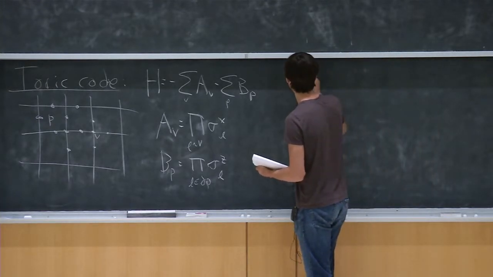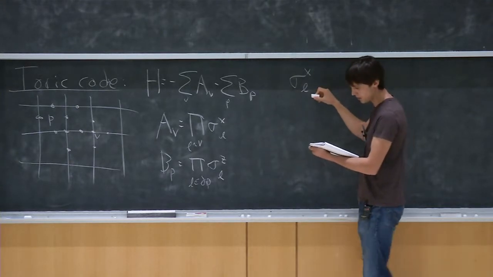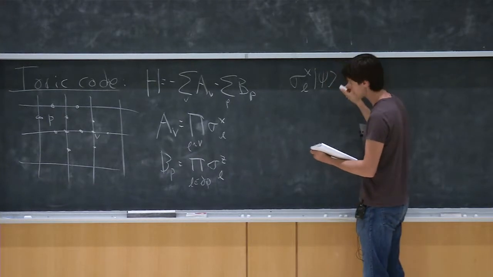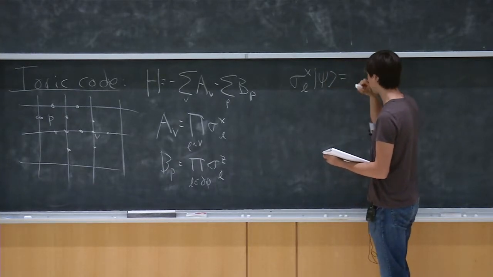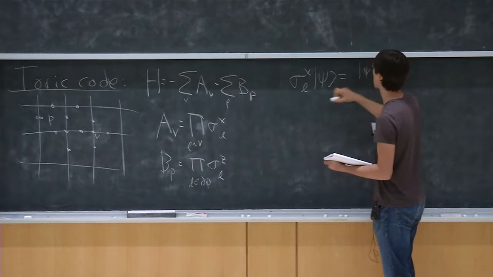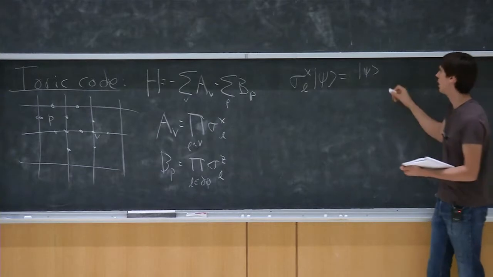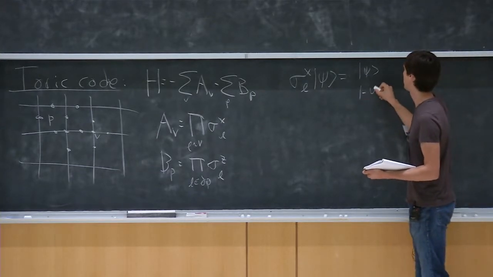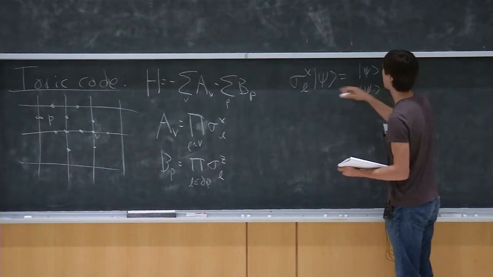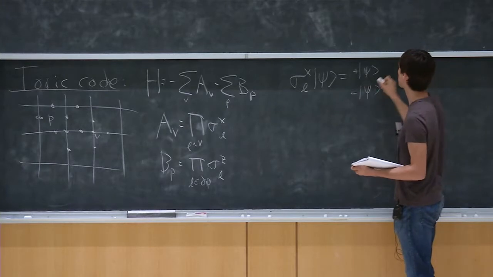So the definition is that if I look at the sigma x operator on a given link L and act on a state psi, where psi for now just describes the state of a single link, so it's just a qubit, I'm going to think about eigenstates of sigma x. They're either +1 eigenstates or -1 eigenstates.